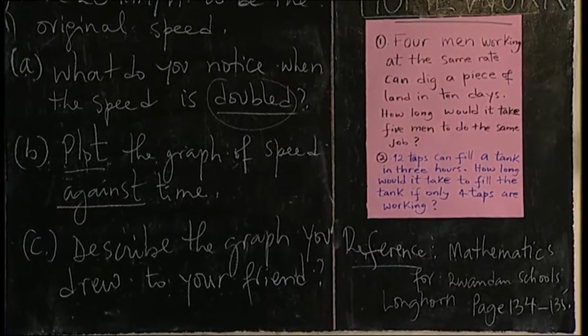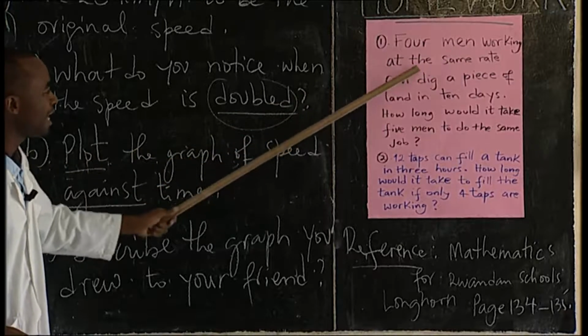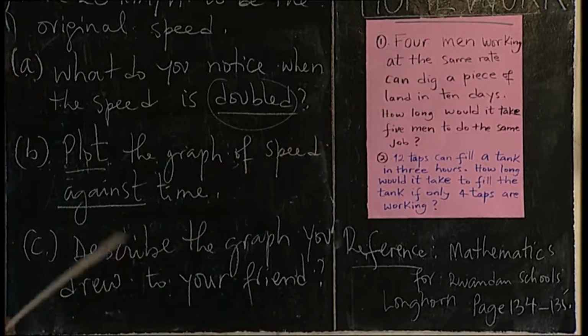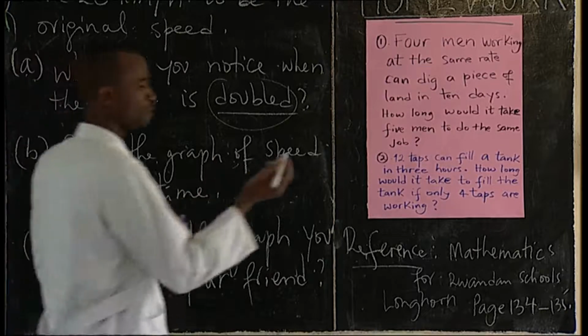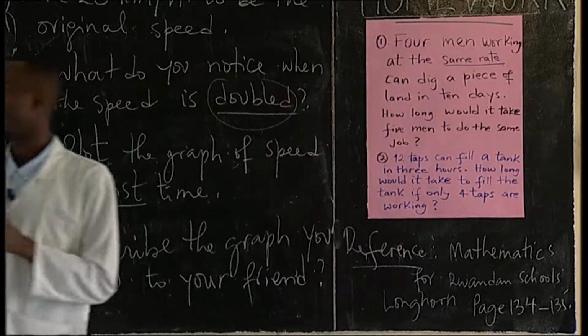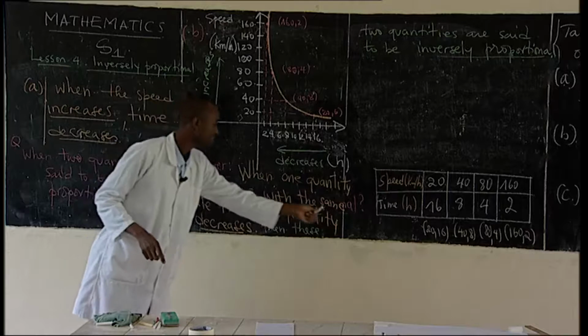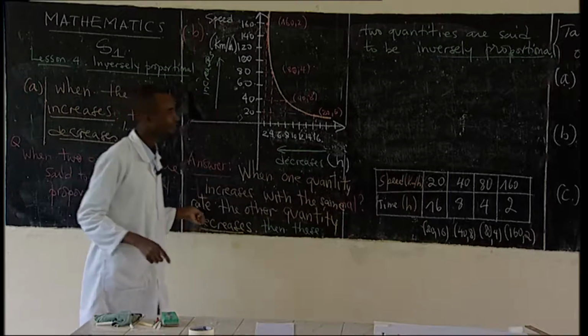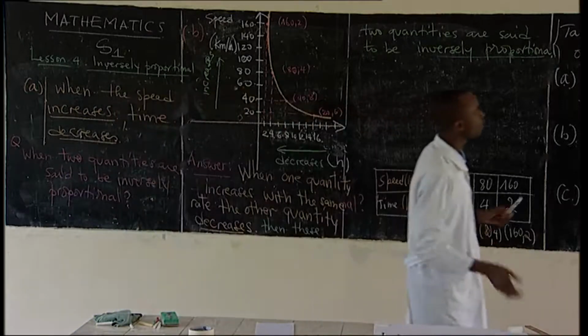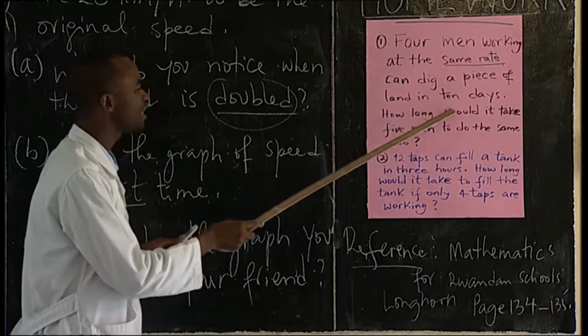Before you finish writing this homework: 4 men working at the same rate, you remember this? I have said with the same rate. 4 men working at the same rate can dig a piece of land in 10 days.